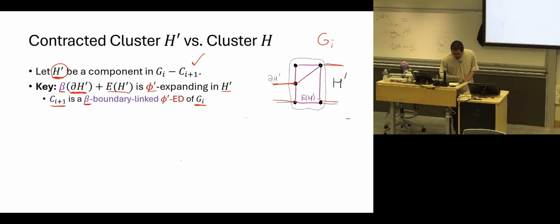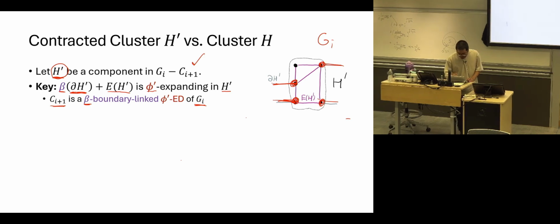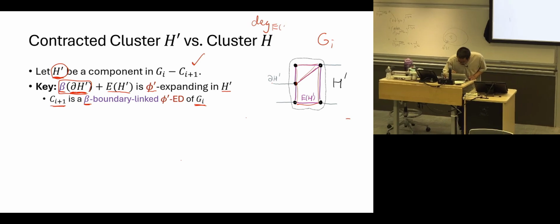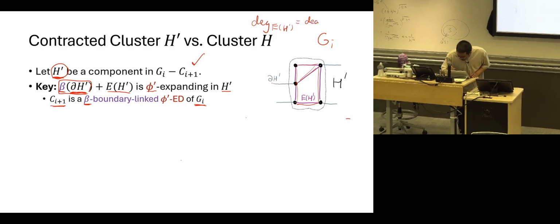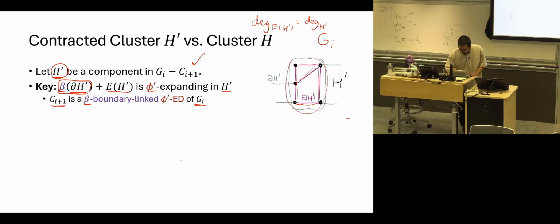So even if you scale up the boundary here by beta factor, and even together with the edges of this guy, the node weighting of edges of this guy, the degree of this thing is just the same as the degree node weighting of this graph, H prime.